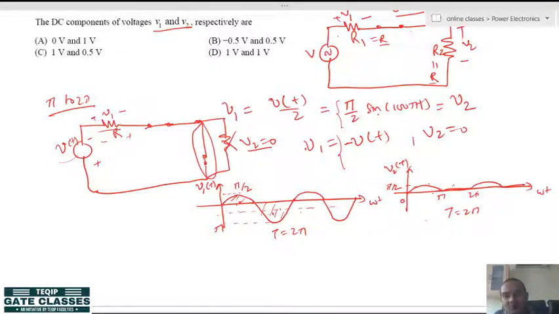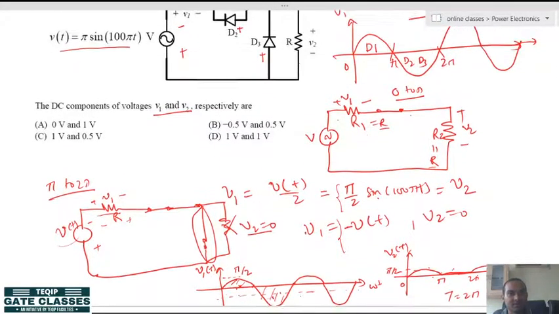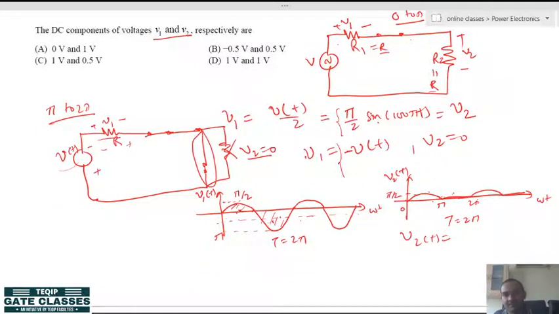If you find the average value of V2(t), if you see carefully, it is a half wave rectifier. It is showing like a half wave rectifier, and its value will be Vm upon pi, and what is the value of Vm? It is pi by 2, divided by pi.